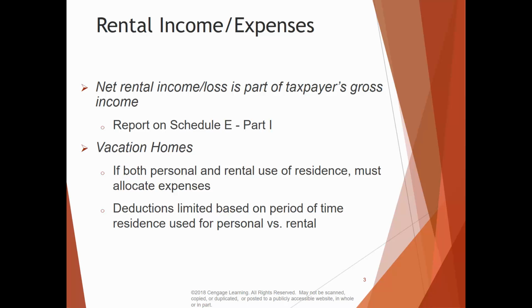So the first issue that they talk about with rentals: with a straight up rental, there's not that much to talk about. But what they're talking about here is property that you use partially for vacation and partially for rental. You have to figure out how to categorize it in one of 3 ways before you can figure out how it's going to flow through your tax return. If you have both personal and rental use, you have to allocate the expenses.